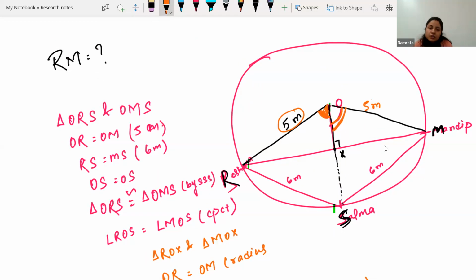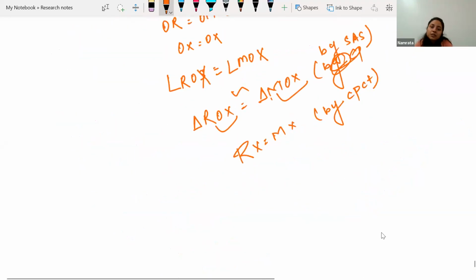So if we have to find the length RM, then if we will be able to find only RX, then we will say that RX, MX both are same. If RX I got, let's say 9 meter, then I would say MX is also 9 meter. Why? Because RX, MX both are same.